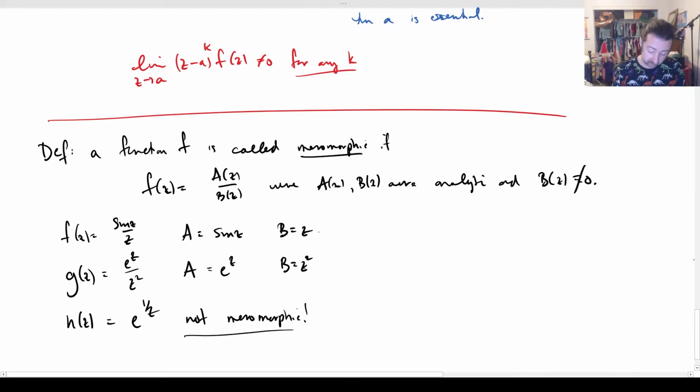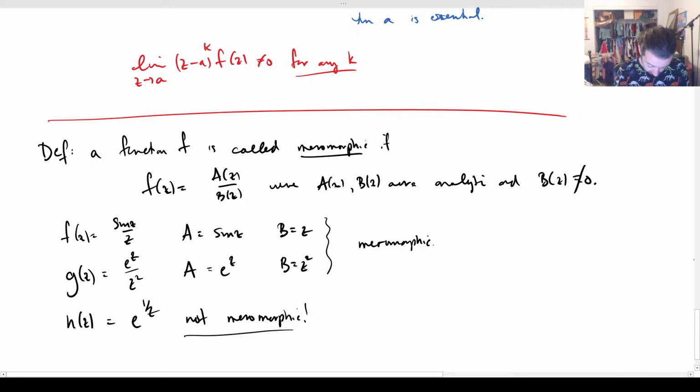And what we're going to find is that these cases, which are the meromorphic functions, carry the behavior of poles and removable singularities inside of them.